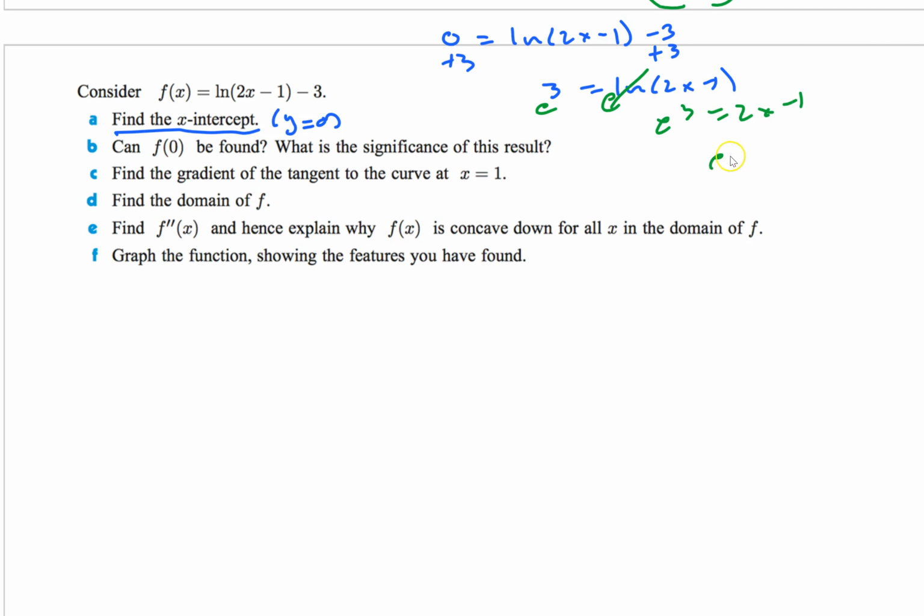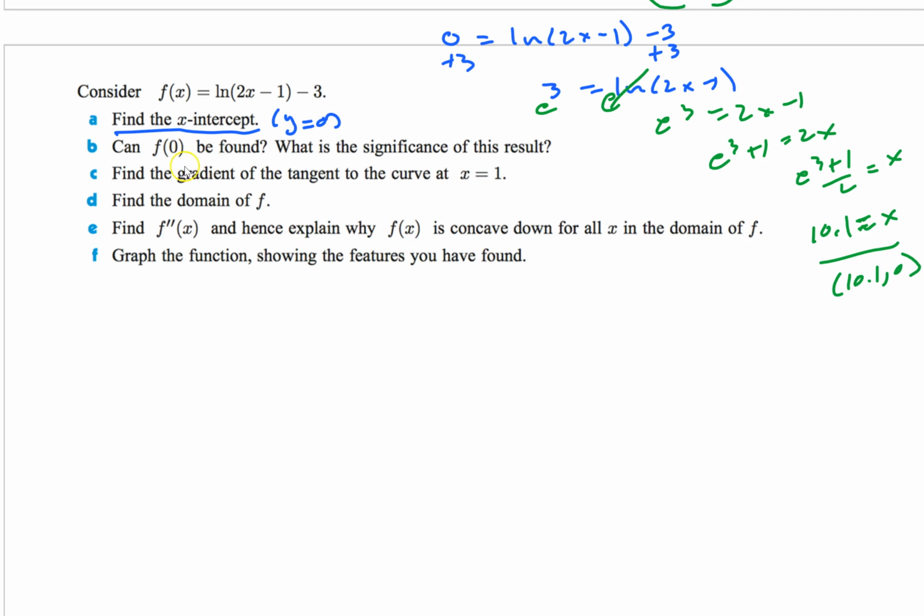Add 1 to both sides. Equals 2x, divide by 2. e cubed plus 1 over 2 equals x. You simplify that, put in a calculator, you're going to get about 10.1, roughly. So our x-intercept is about 10.1. Or if you want, 10.1 and 0. That's our point.